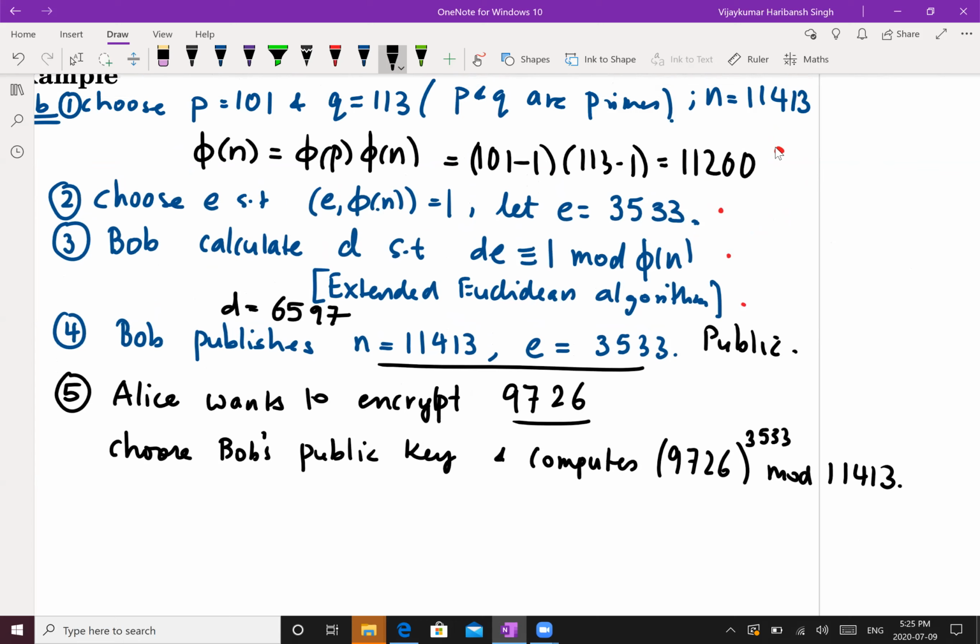It turns out that this is 5761. So 9726 is your plaintext.